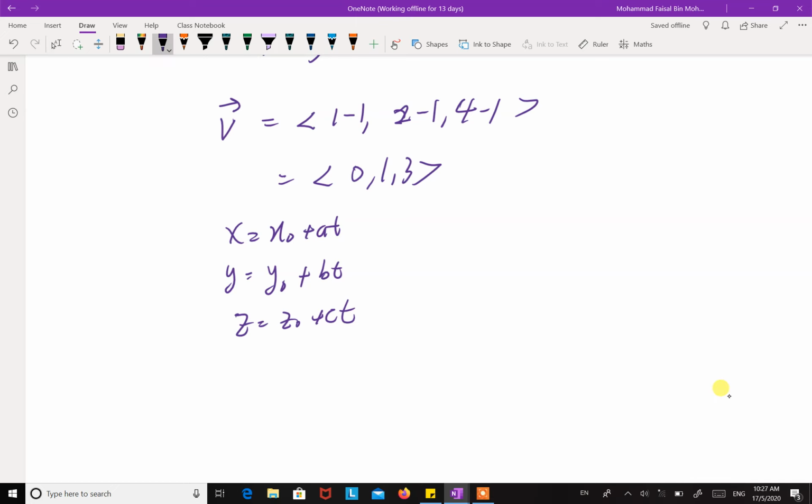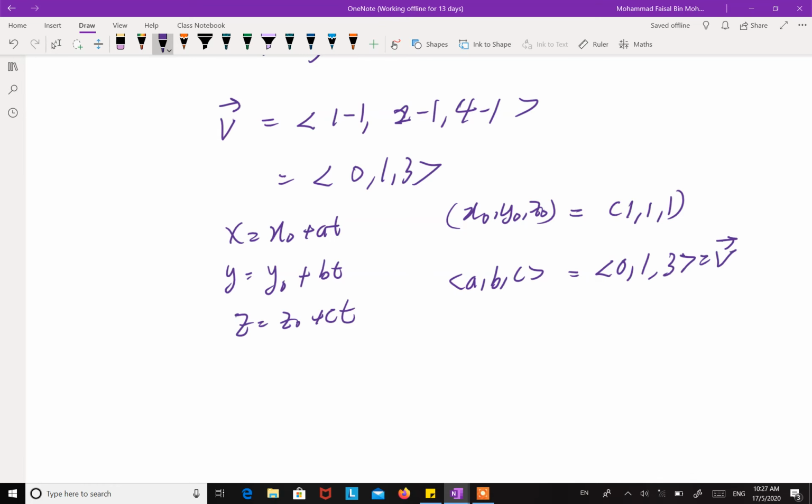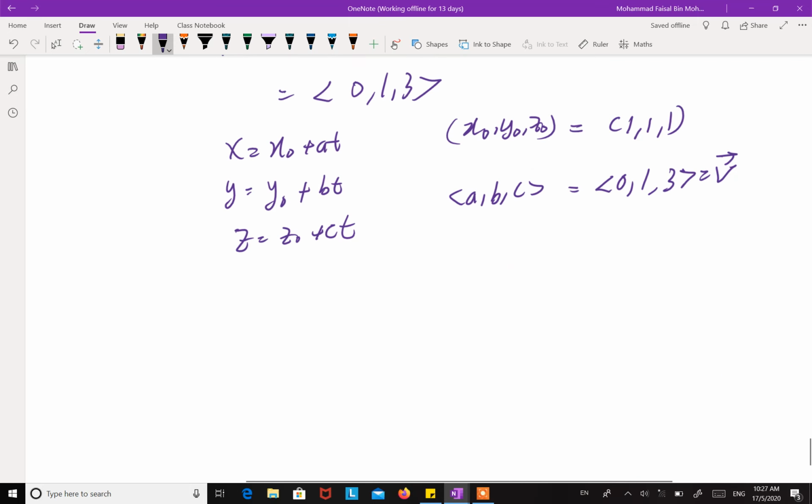So your x naught, y naught, z naught is 1, 1, 1, and your a, b, c, the parallel vector v, is 0, 1, 3. So your x is 1, your y is 1 plus t, z equals 1 plus 3t.